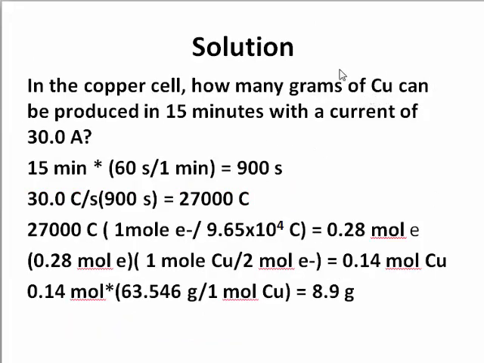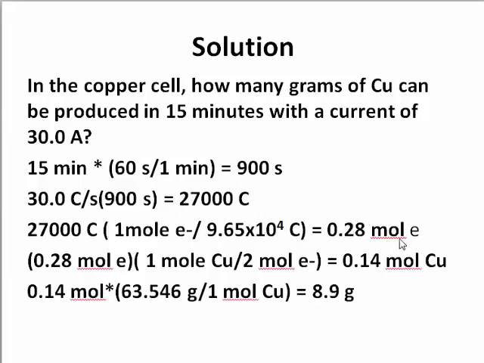Alright, in the copper cell, how many grams of copper can be produced in 15 minutes with a current of 30 amperes? Minutes are an inconvenient time unit here. We can convert them to seconds. And then coulombs per second with amperes times seconds gives us 27,000 coulombs.